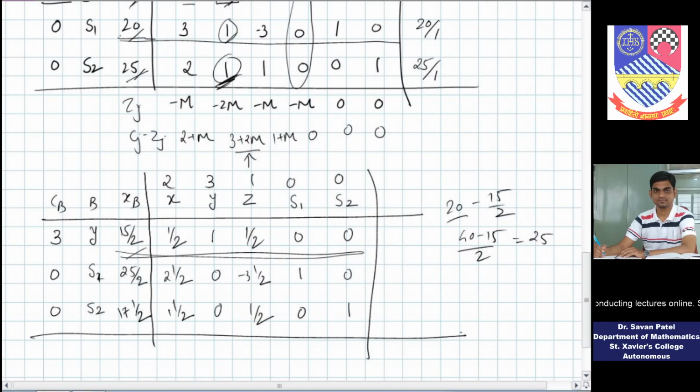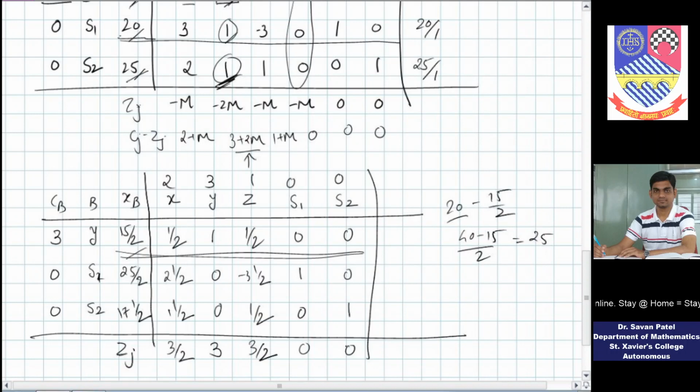The Zj's are 3 times half, so 3 by 2 means 1 and a half. 3 times 1, that is 3. 3 times half, that is 3 by 2. Then 0 times 3 is 0 and 0 times 3 is 0.